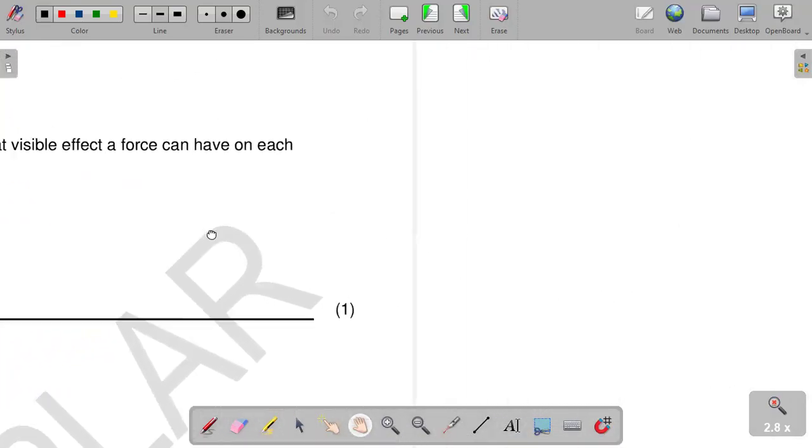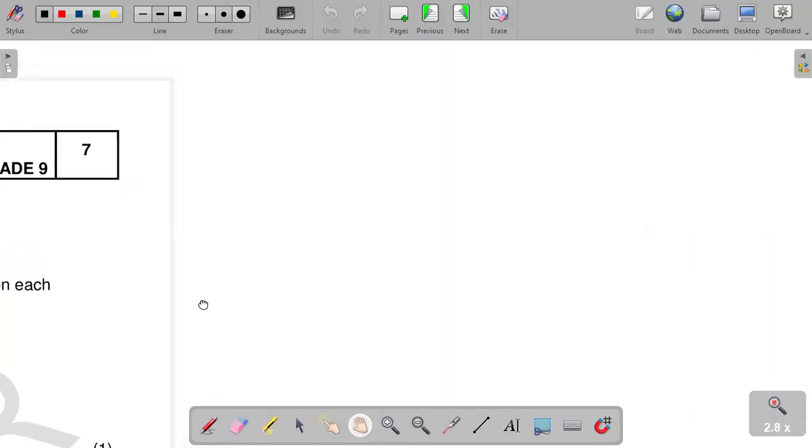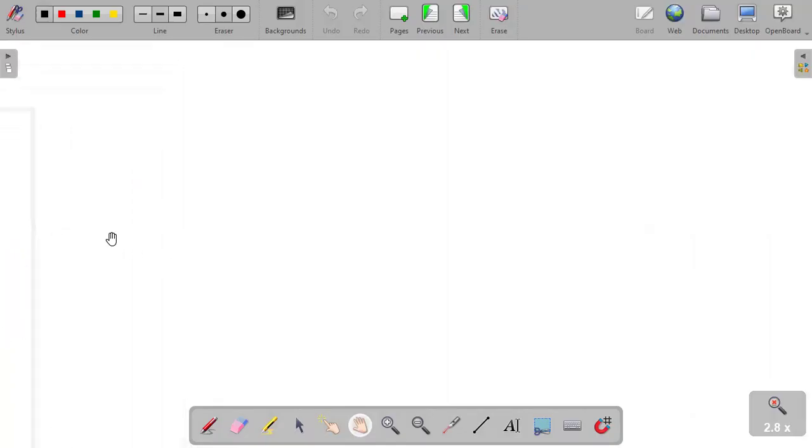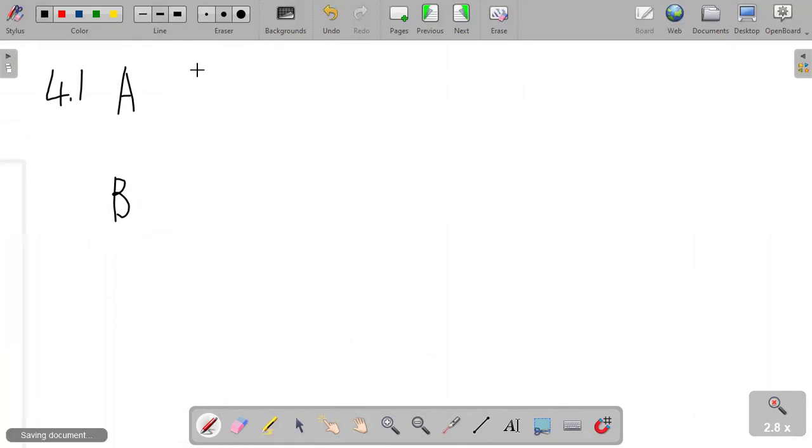So we go to 4.1 A and B. If he's kicking a ball, the ball is being kicked, so it can what? It can change direction.